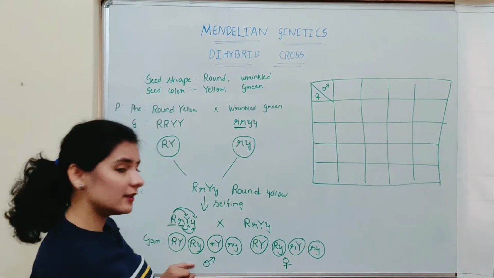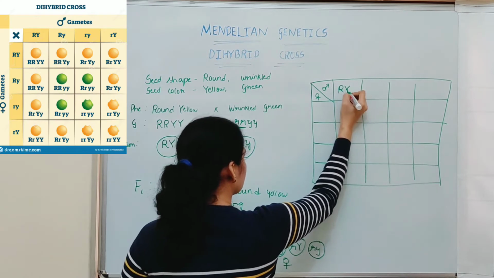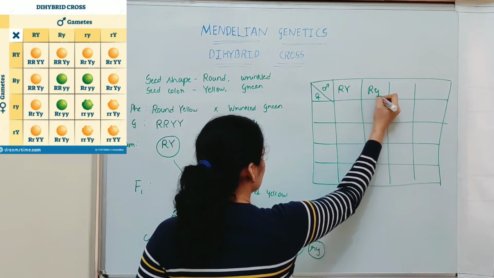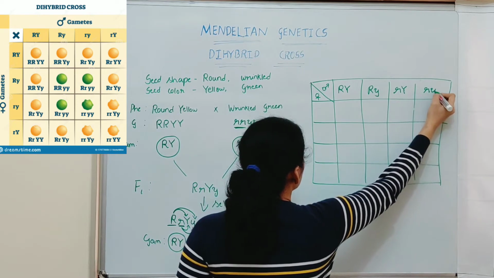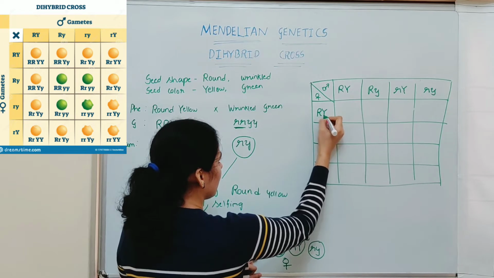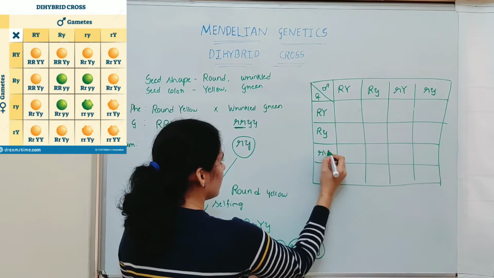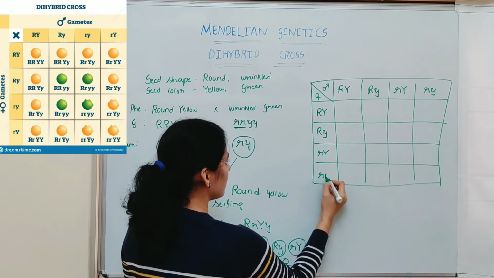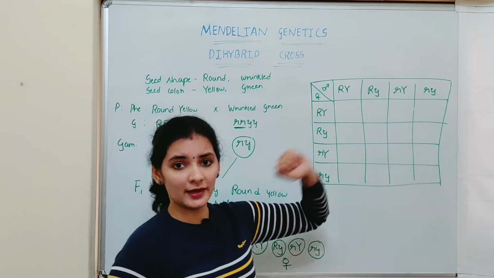So let us write the male gamete on the top, that is capital R, capital Y, capital R, small y, small r, capital Y, small r, small y. Similarly, the female gamete here, capital R, capital Y, capital R, small y, small r, capital Y, small r, small y. So these are the female gametes and these are the male gametes.